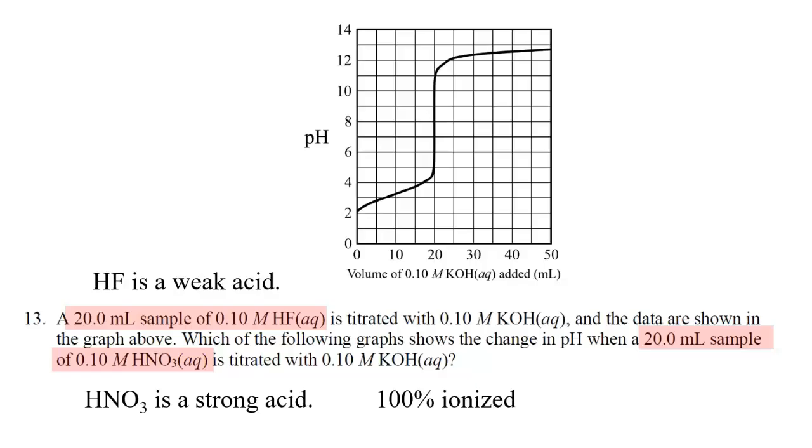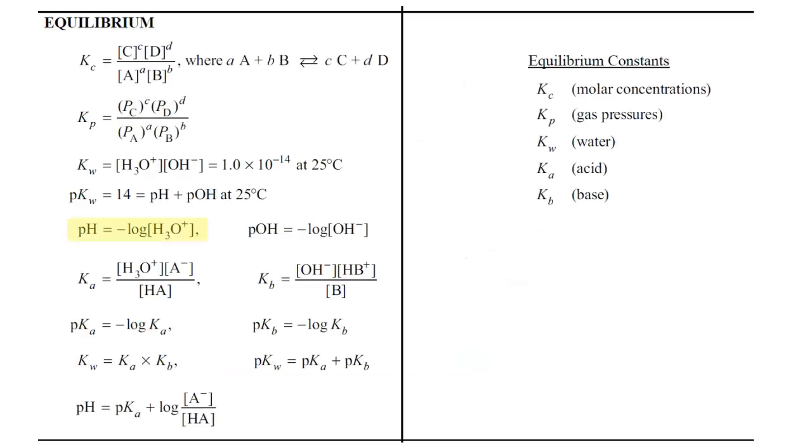Right now, the initial pH on this titration curve for hydrofluoric acid is a pH of 2. But if nitric acid is 100% ionized, then 0.10 molar is not only the concentration of nitric acid, it's also the concentration of H+, or the hydronium ion. So what's the initial pH of a 0.10 molar solution of this strong acid?